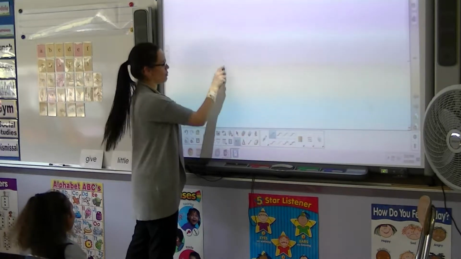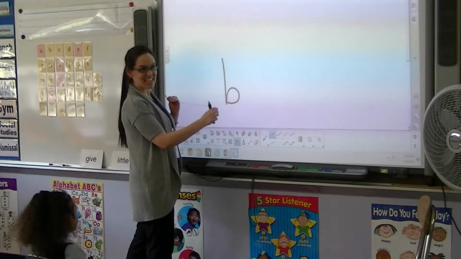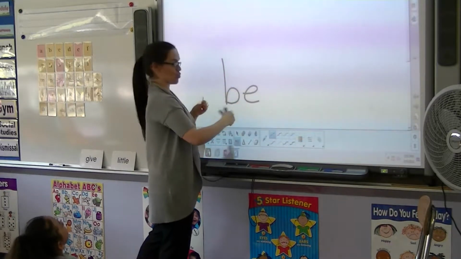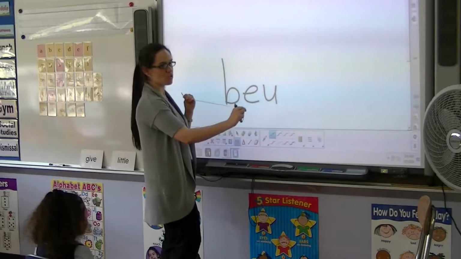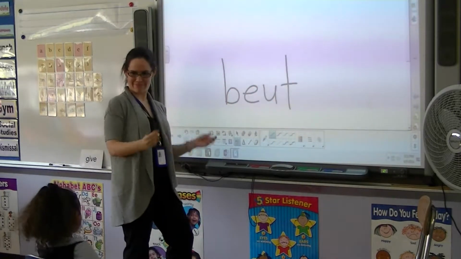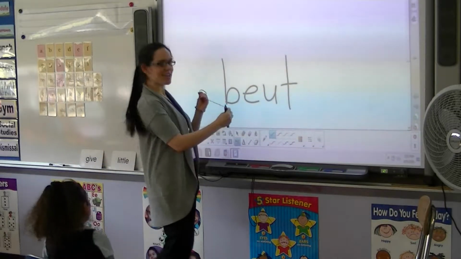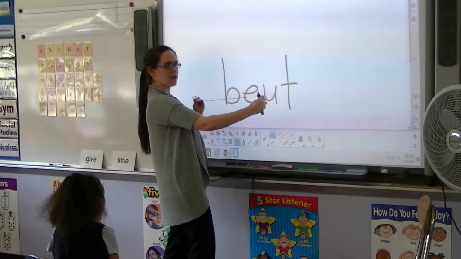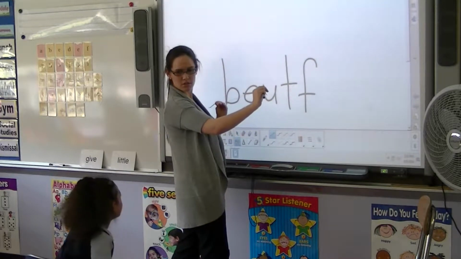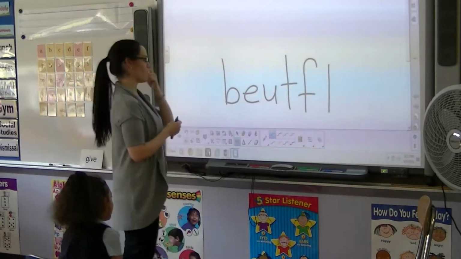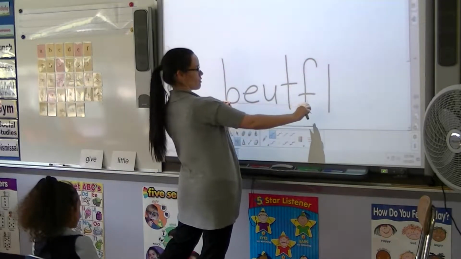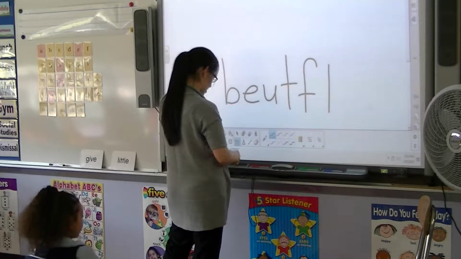B. Okay, I hear B. I hear E. And then B, U, T. Oh, you're spelling the word for me. B, U, T, F. Oh, beautiful. L. Oh, wonderful. So beautiful. I heard all the sounds in that word.